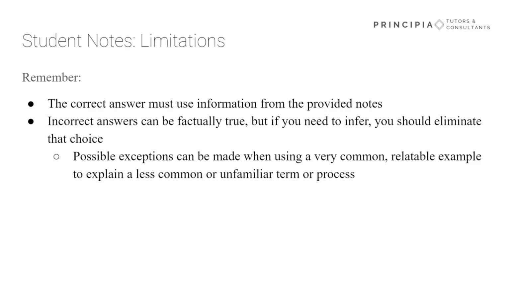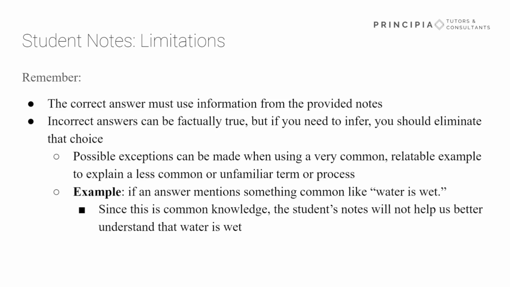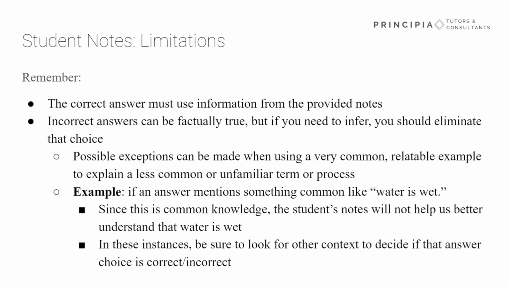So if I say something like most birds can fly or water is wet, then knowing this information or finding it in the student notes will not help us better understand either the notes themselves or why water is wet. So if you do come across something like this, be sure to look for other context to decide if you should eliminate or keep that answer choice.